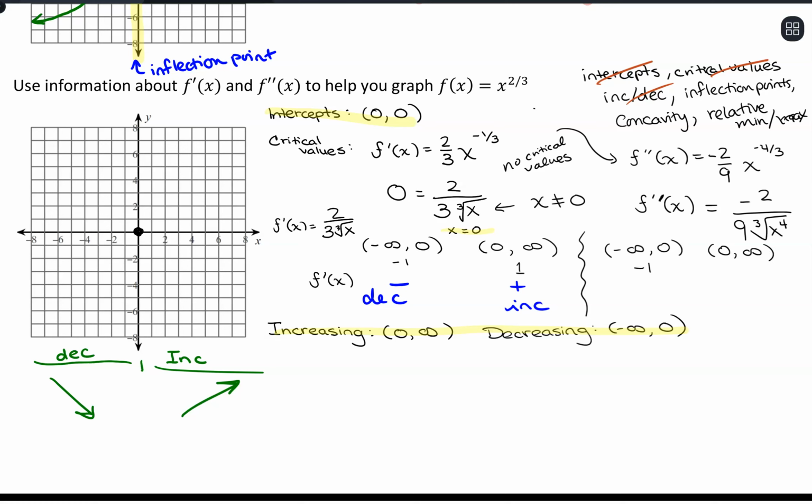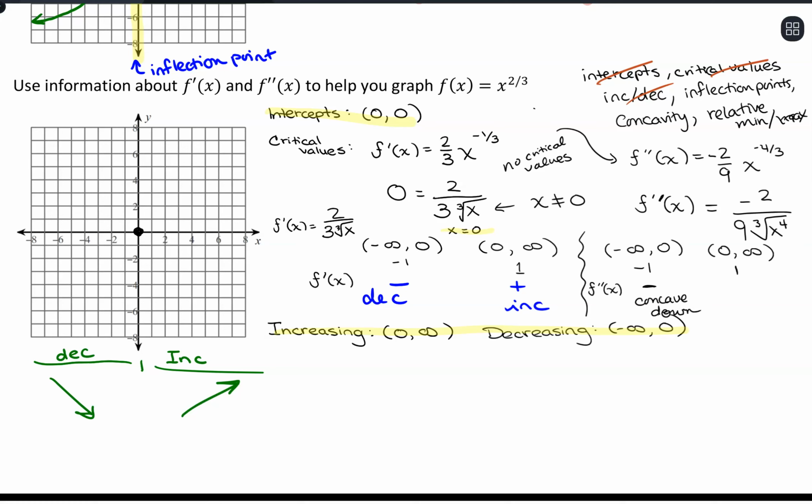I'm just going to use those same test points, but now I'm going to look at the second derivative. So if I plug in -1 there, because of that exponent of 4, that'll turn positive, and that'll be a negative 2/9, that'll be negative. So this is negative, concave down.